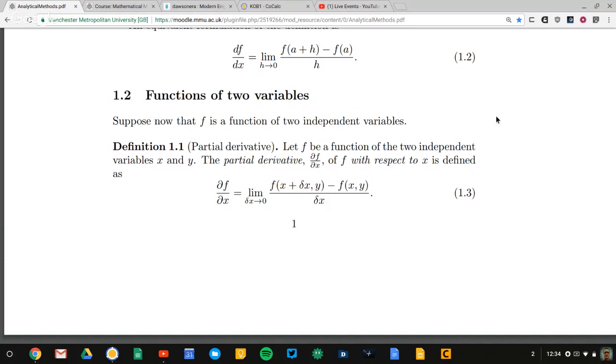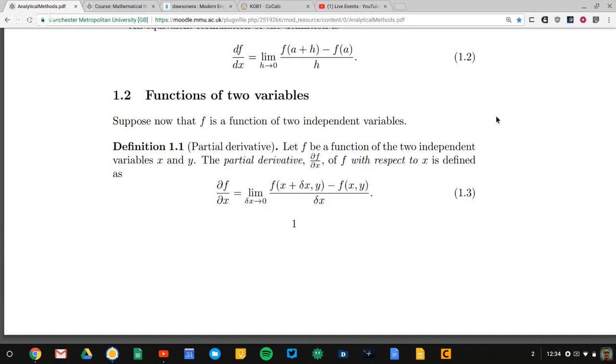But here, we'll generalize to more than two variables soon, but initially we're just going to look at the case of functions of two variables. So here our f requires two independent inputs, an x value and a y value, a first argument and a second argument, and then the function gives you back a real value from that.